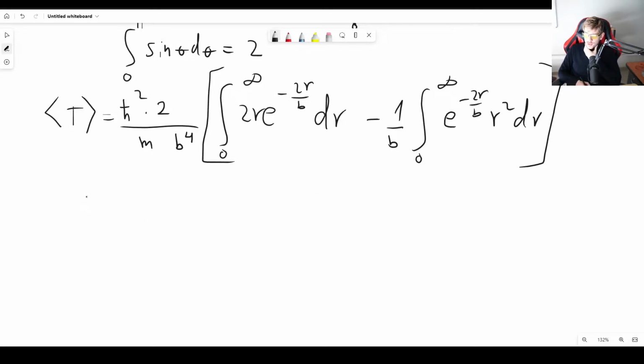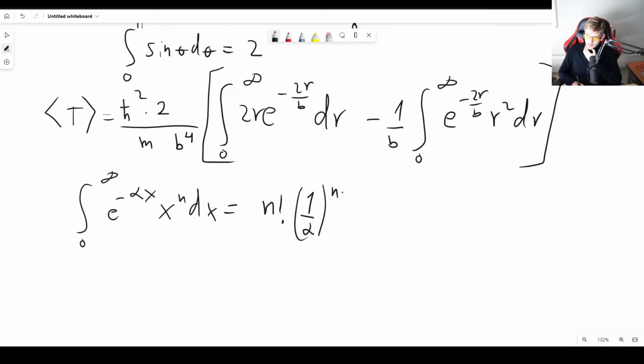So the formula for an integral that goes from 0 to infinity of e to the minus bx, in general, maybe I shouldn't call it b, let's say alpha, e to the minus alpha x times x to the n dx. This is simply n factorial times 1 over alpha to the n plus 1. Okay, pretty simple formula.